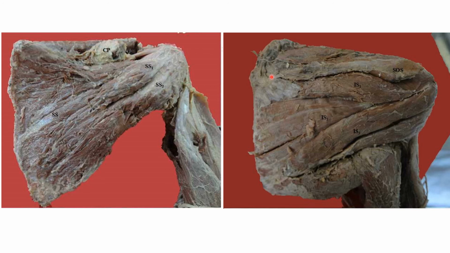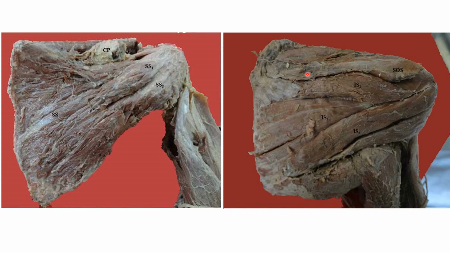Now, on the right side, this illustration shows the dorsal aspect of the scapula. Here, this is the spine of scapula. Above the spine of scapula, this is supraspinous fossa, and we know that from the medial two-third of the supraspinous fossa, a muscle arises which is called supraspinatus, which gets inserted over the greater trochanter.